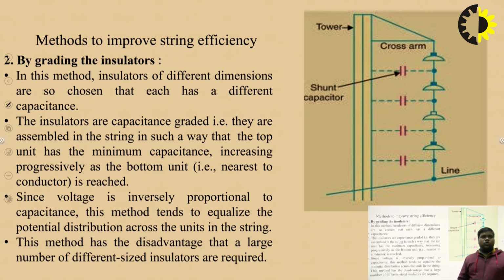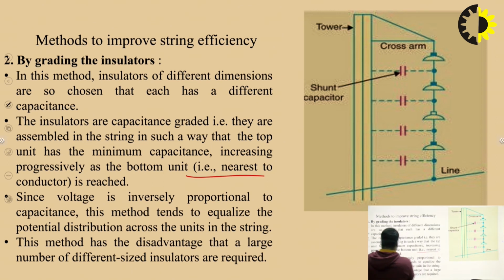The insulators are capacitance graded, that is, they are assembled in a string in such a way that the top unit has the minimum capacitance, increasing progressively to the bottom unit, which is nearest to the conductor.